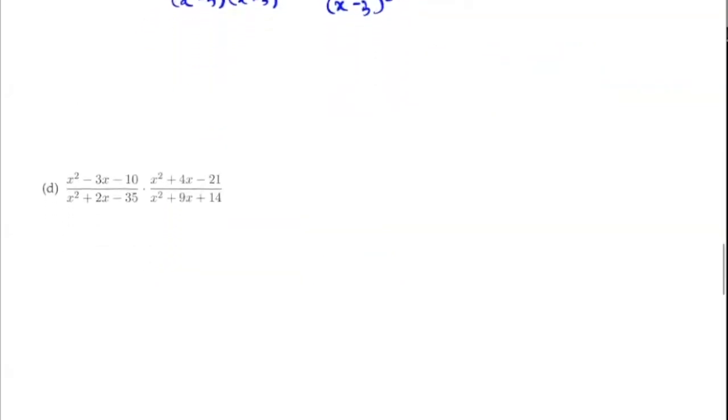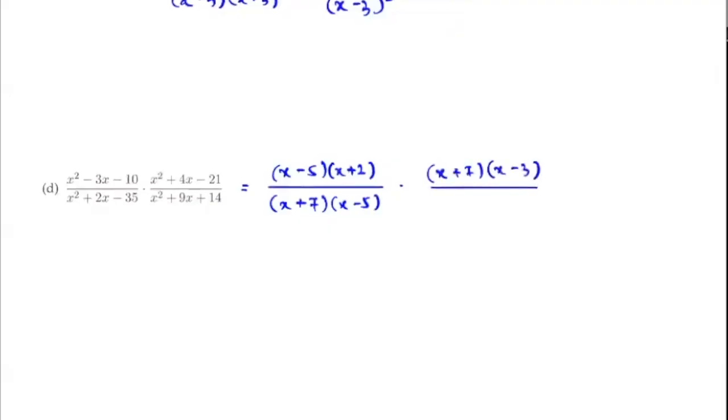Now for D, again, you factor the numerator and the denominator when possible. So this is what I got, x minus 5 times x plus 2 over x plus 7 times x minus 5. That's for the first rational expression. The second rational expression gives me x plus 7 times x minus 3 over x plus 7 times x plus 2.